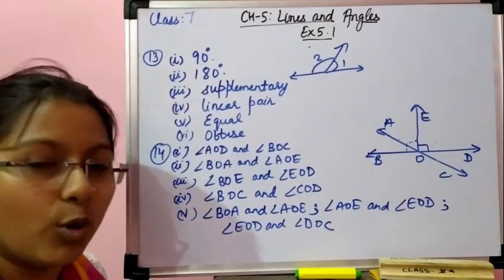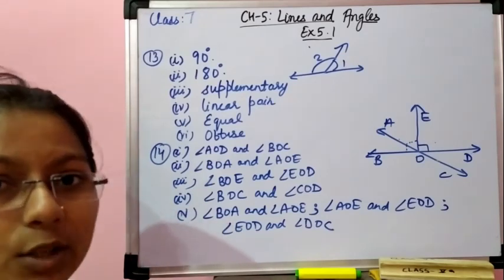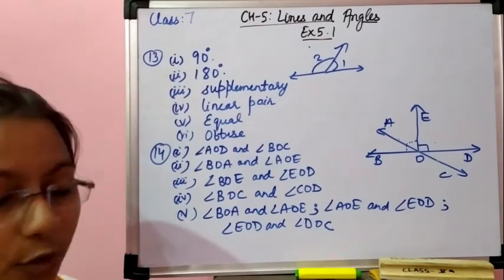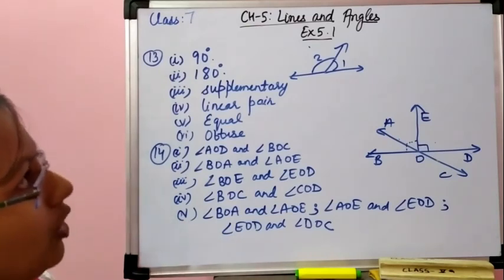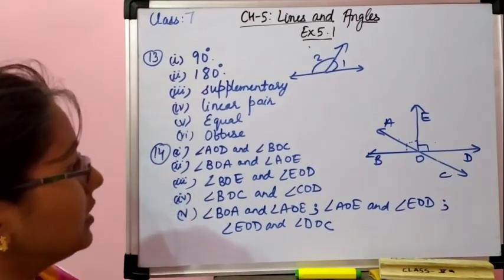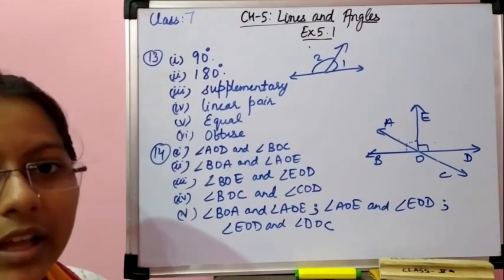When we solve more questions, we get more ideas about what else we can do for solving a question and what different kinds of questions we can have. So in this way you can complete this exercise today, and the next topic we will start in our next class. Thank you, students.